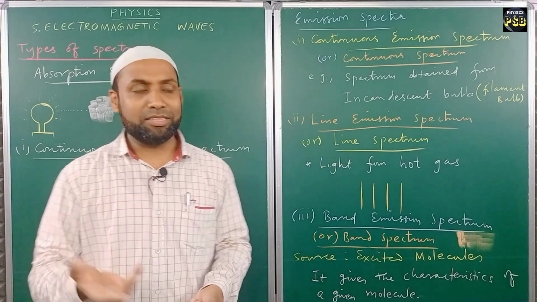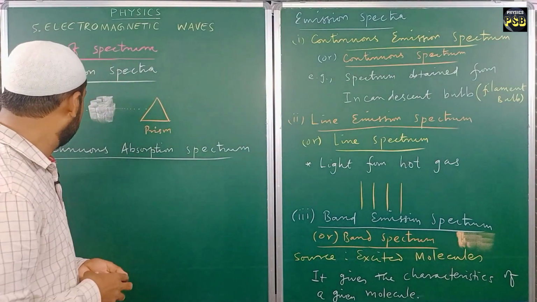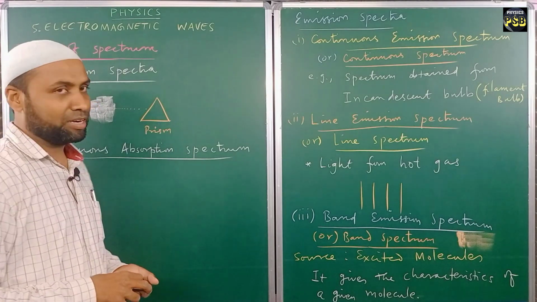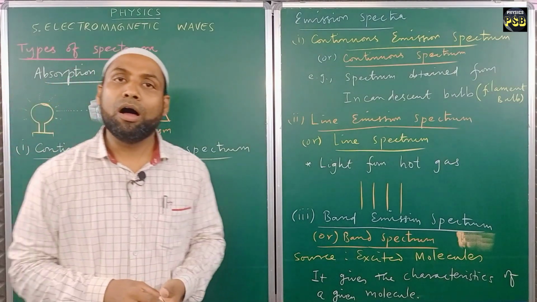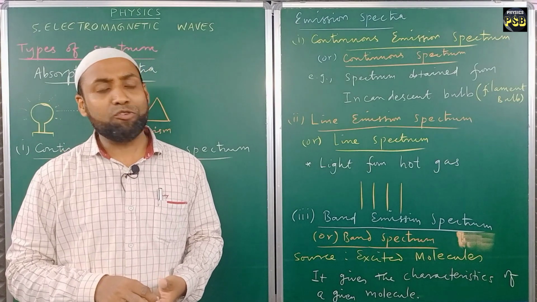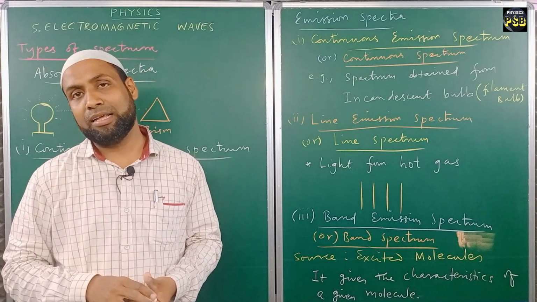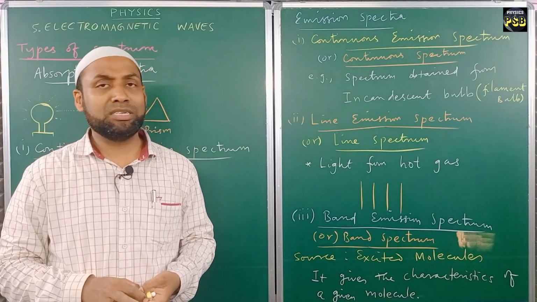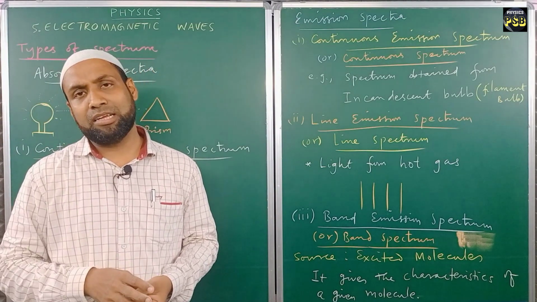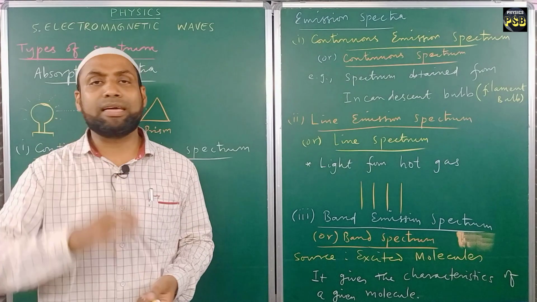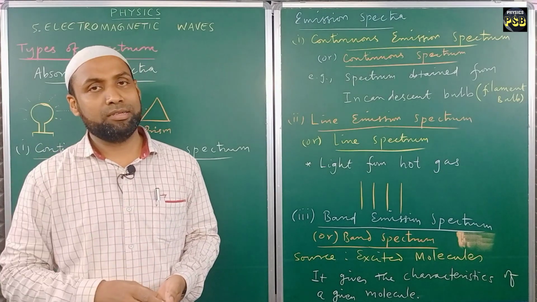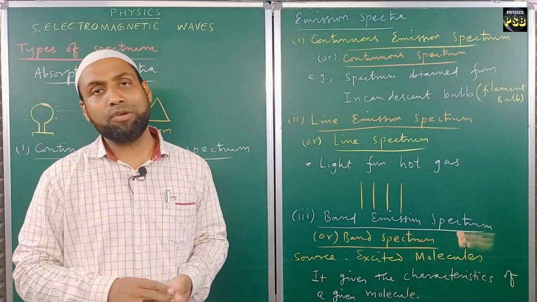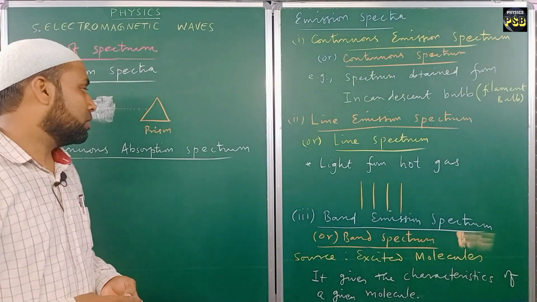Clear? So this is an example of a continuous absorption spectrum. In a similar way, if you allow white light to fall on a green glass plate, then it will absorb all kinds of colors present in that light and allow only green to come out of it. Again, it is an example of a continuous absorption spectrum.